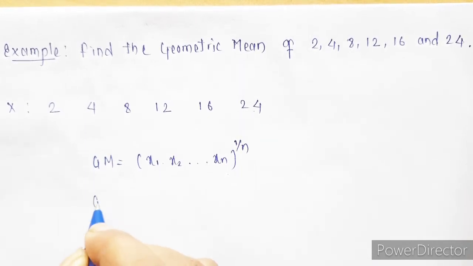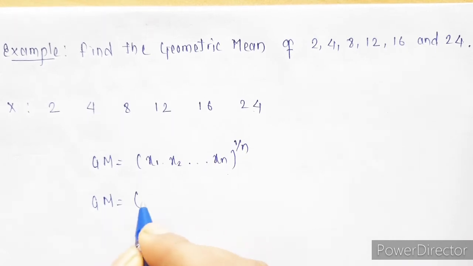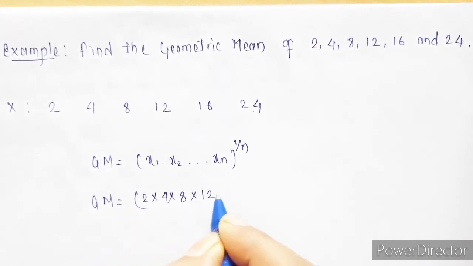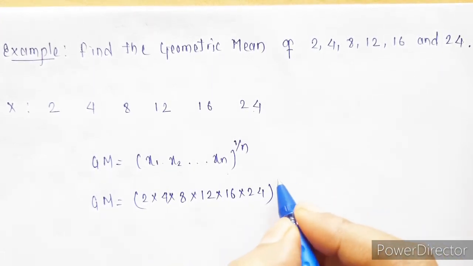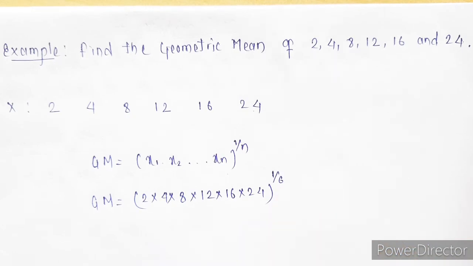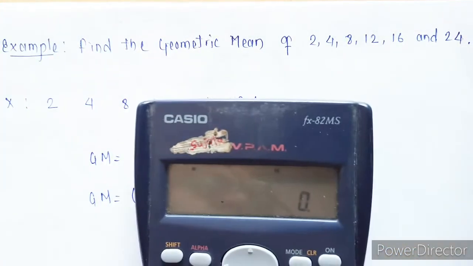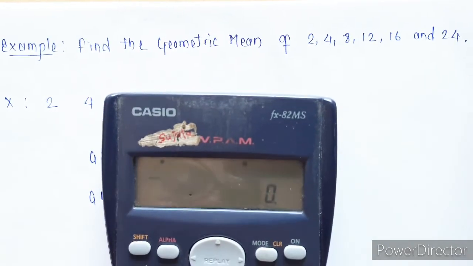So geometric mean in this case can be written as 2 into 4, 8, 12, 16, 24, and since we have 6 values, this is going to be the 6th root. So what we have to do, we just have to multiply all these and then take the 6th root of this.